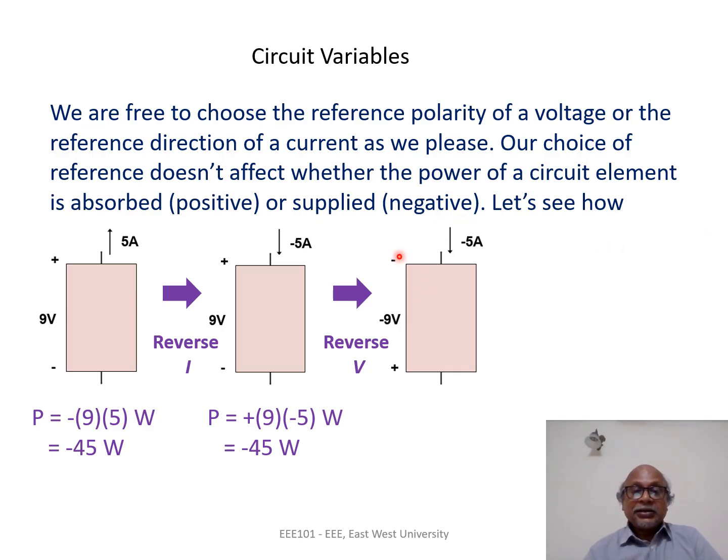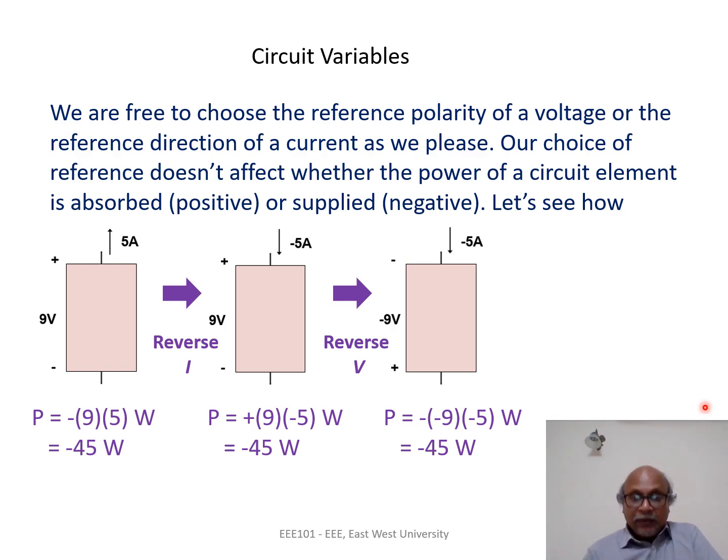Now the current is entering the circuit element through minus. So passive sign convention is not satisfied. We will use P equal to minus VI. Okay. So P equal to minus, the voltage is minus 9 volt, current is minus 5 ampere. We get the same result, minus 45 watts.